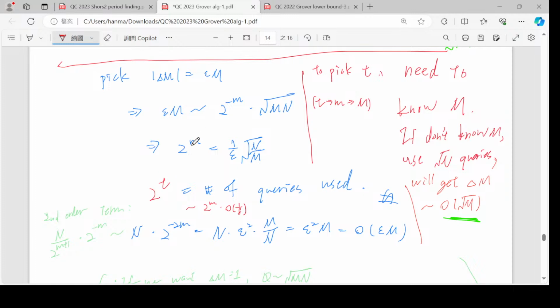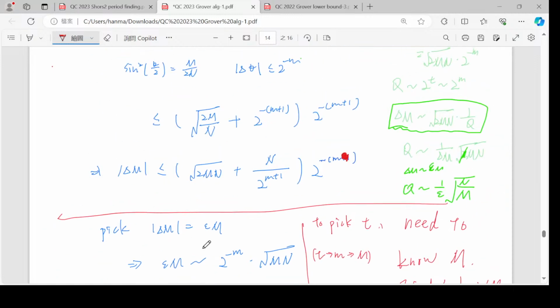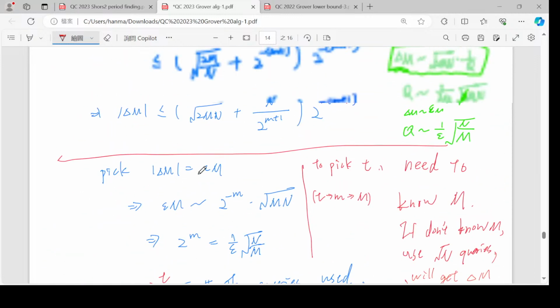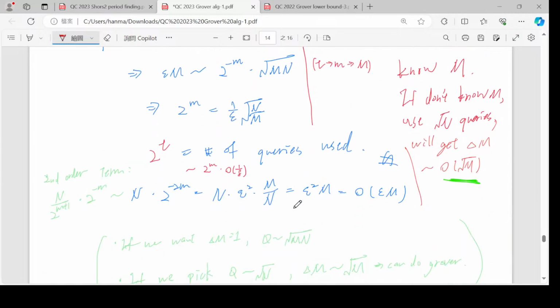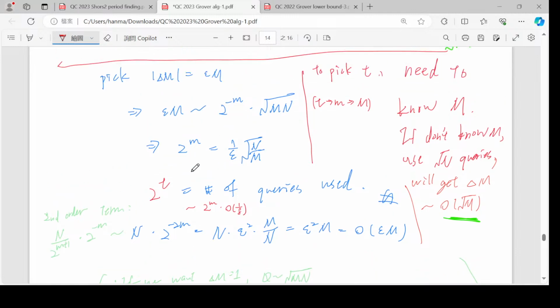On the first order approximation, we see that the number of queries we need to make, which is about 2 to the t, is about 2 to the m times order 1 over delta. But we are ignoring the order delta term. So we see the number of queries is about 1 over epsilon times square root n over m. And we can put this number inside the second order term again and check it out.